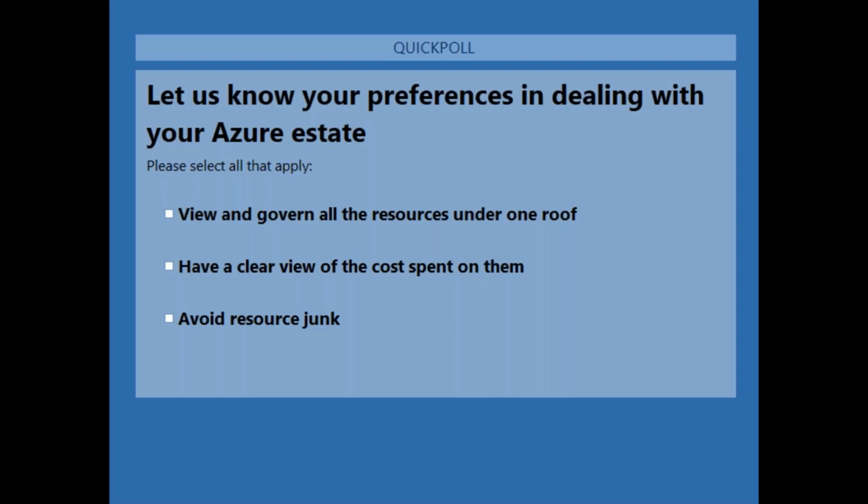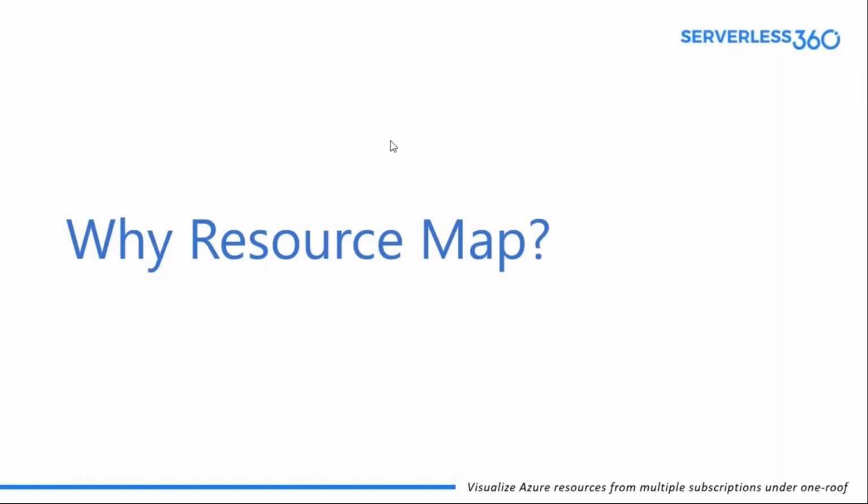So the view that I am looking for should demystify a lot of challenges that not only I, but also a number of Azure users have in understanding their cloud estate. So I'm looking for one such solution. And out of our discussions and brainstorming, we have come up with Resource Map, on which our Nishant is going to throw light.